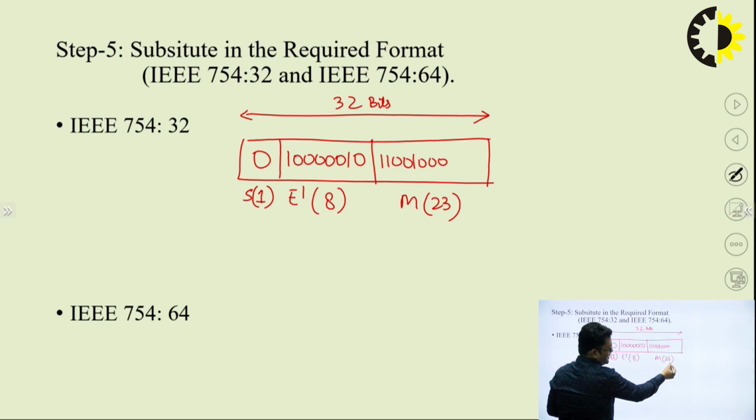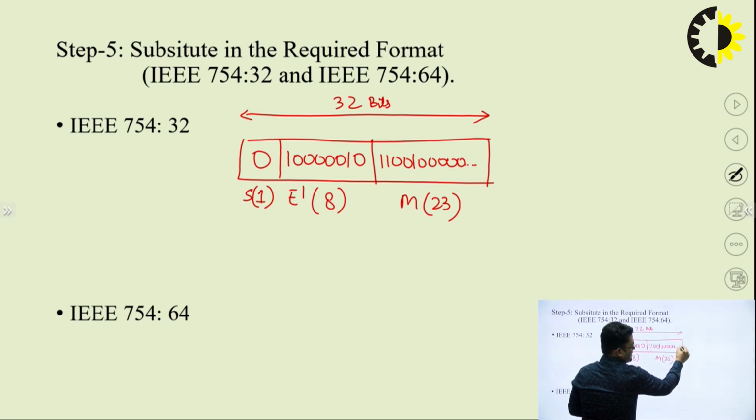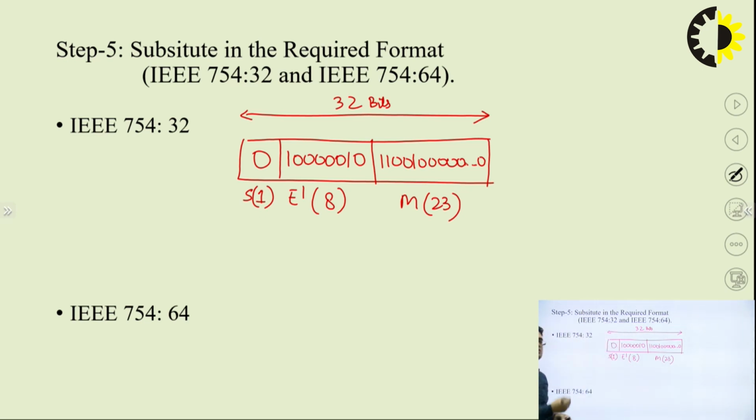But as we can see we need to represent this in 23 bits, and this number is taking 8 bits only. So you just need to incorporate 23 bits like this. We need to write 0 0 dot dot dot 0. There is no need to write all 23 bits for the mantissa part. So this is the IEEE 754 representation for the 32-bit format.